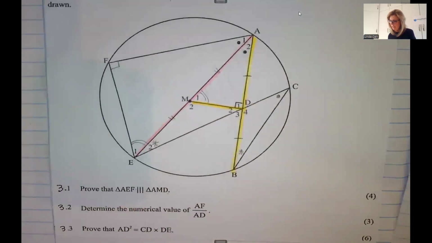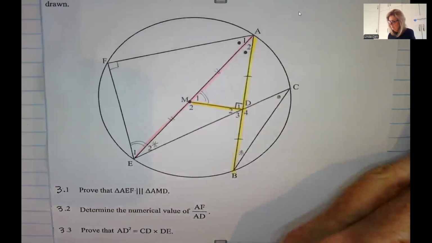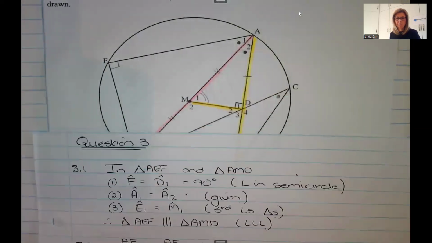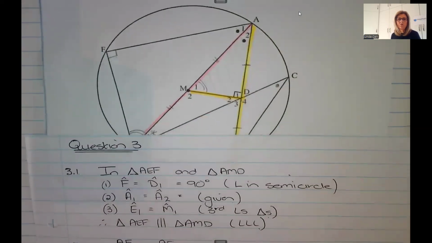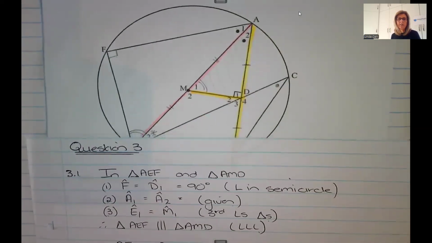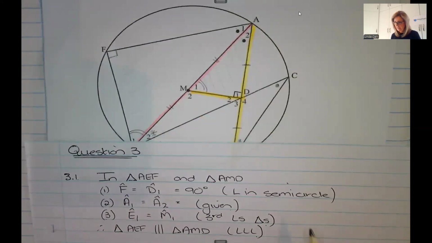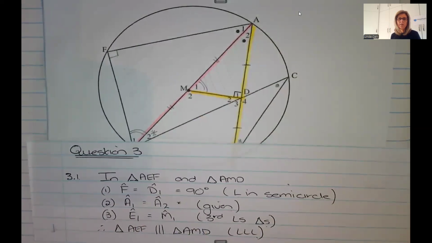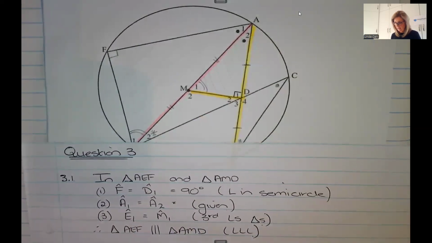And so my two triangles are similar. So I'm going to play the TV chef again and just give you this solution. Okay, so in triangle AEF and AMD, we've got the 90 degrees. We've got the A1 equal to A2, which was given. And we've then got the E1 equals M1, third angles of triangles. Don't forget at the end to state the triangles being similar, and your reason is angle, angle, angle.